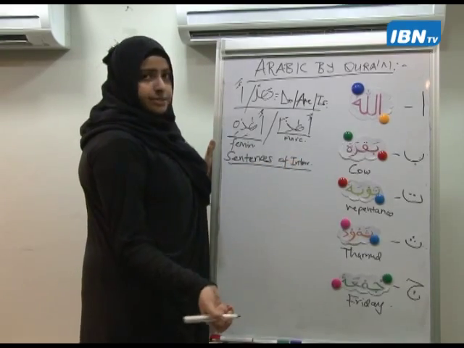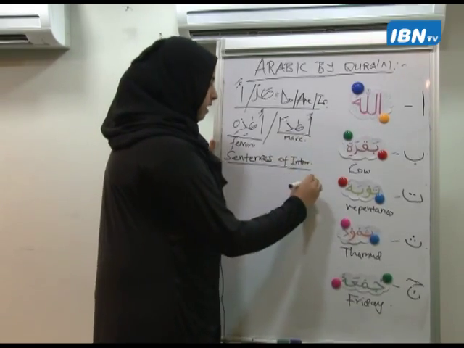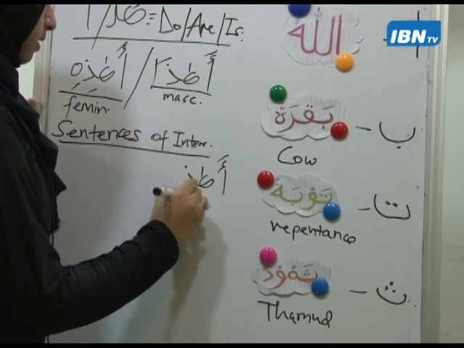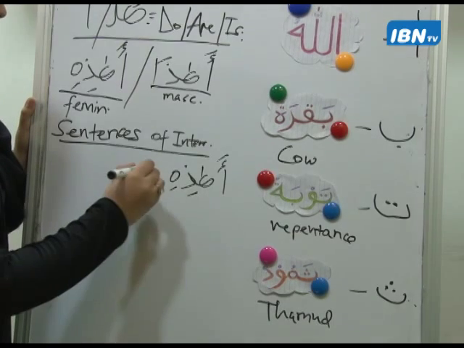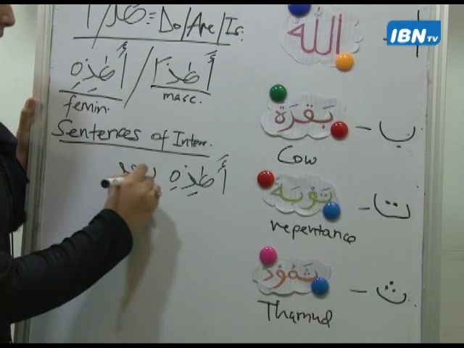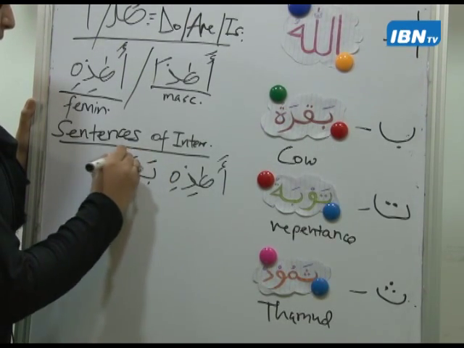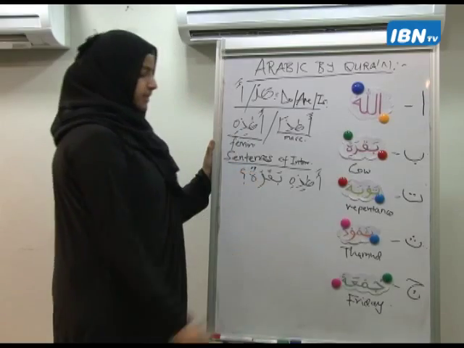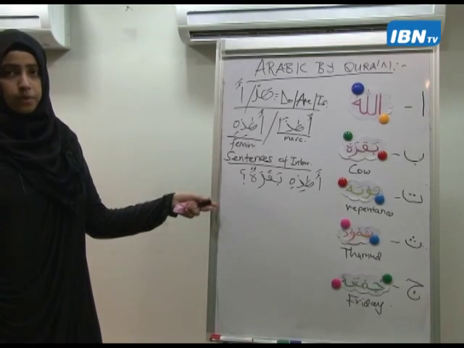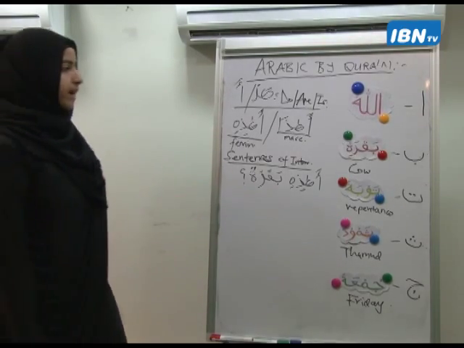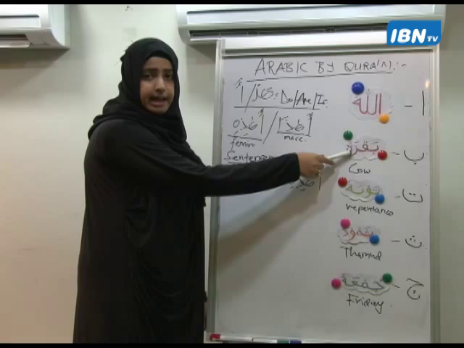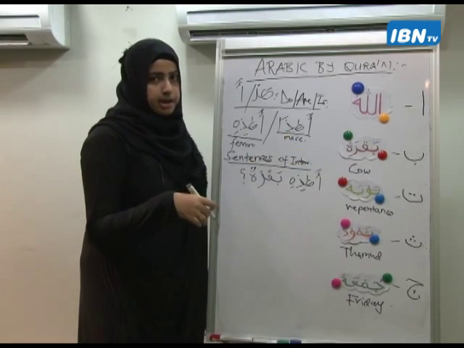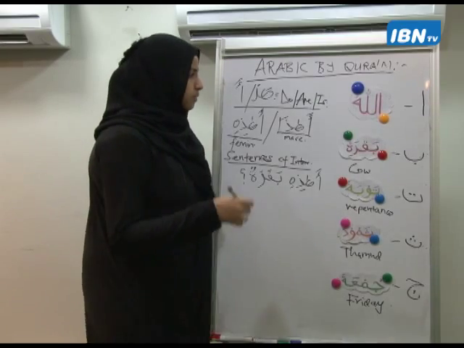So I will ask you, أهذه بقرة؟ Right? So that is my sentence. أهذه بقرة? Is this a cow? And I'll point here. Is this a cow? أهذه بقرة?